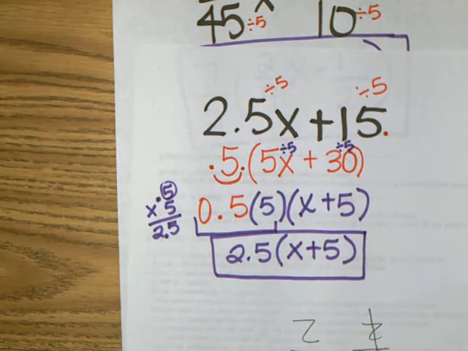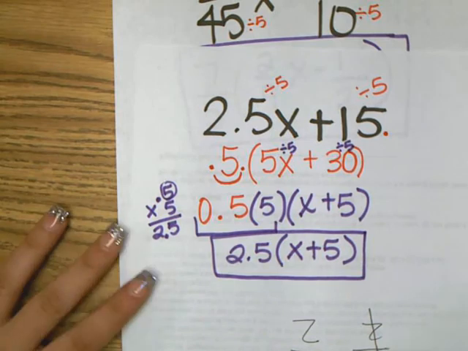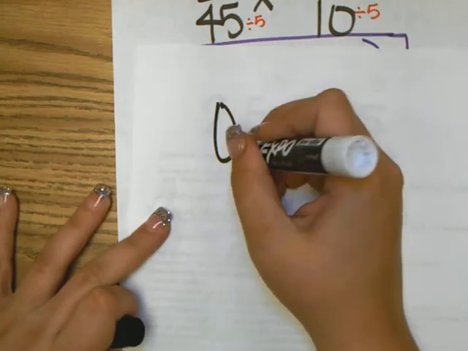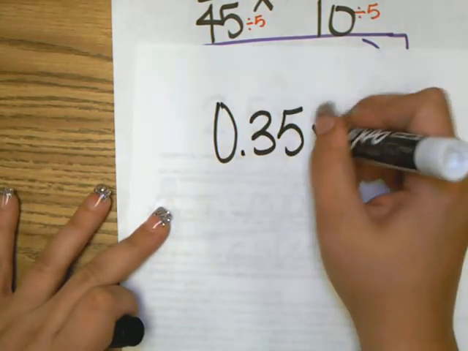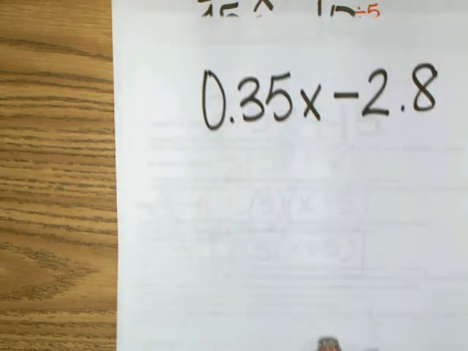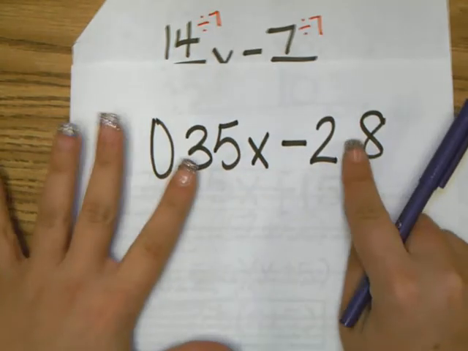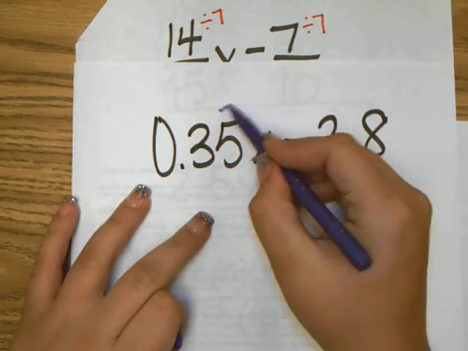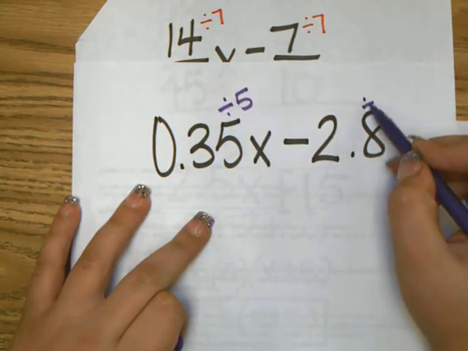Now I want to do one more with decimals, because I know those ones are a little bit more tricky. So let's try 0.35x minus 2.8. Pretend like it was 35 and 28.